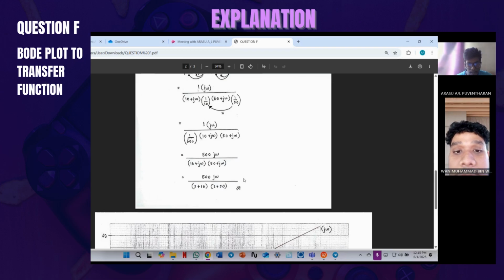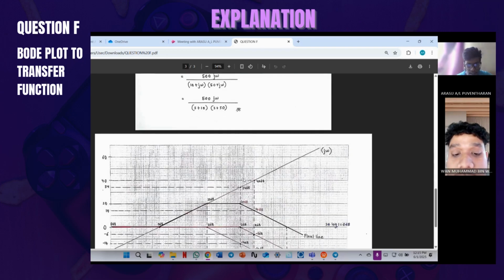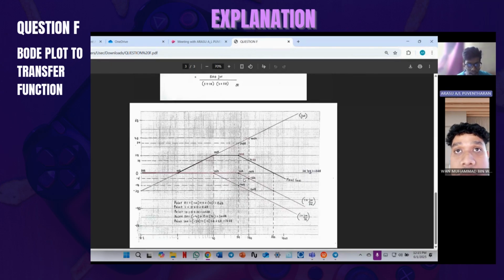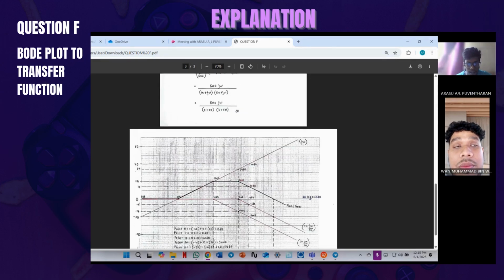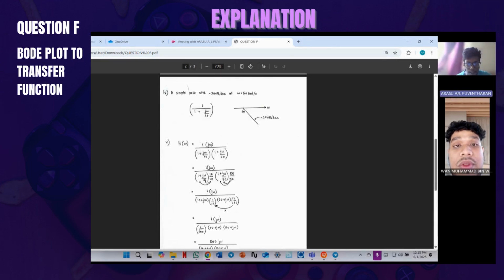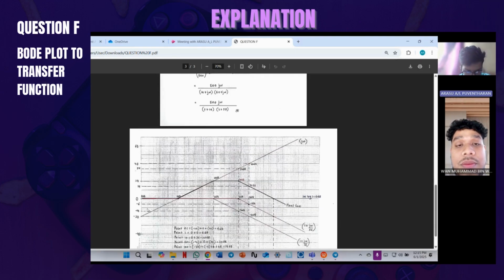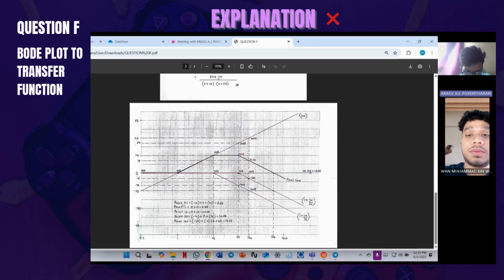Okay. Now I show the Bode plot. This proves the answers above, because as we can see, for each point we must add, which means plus.